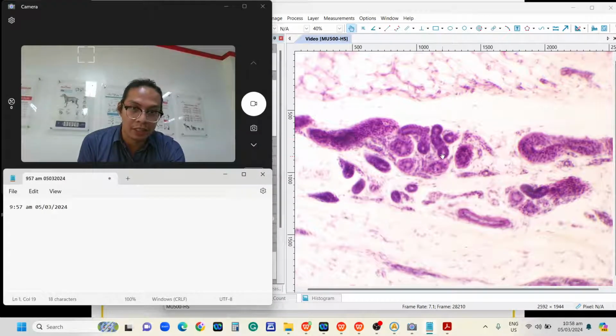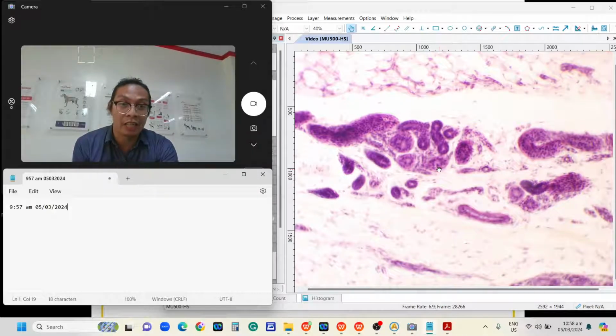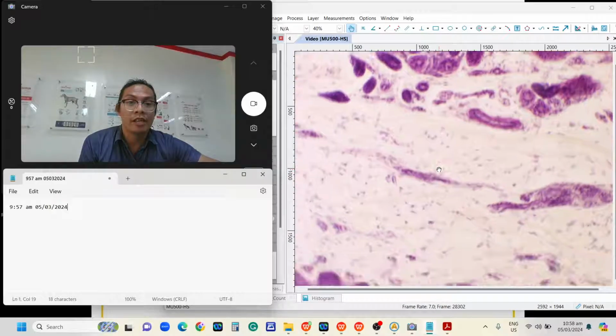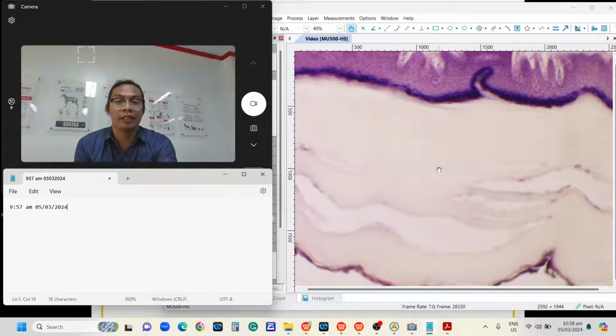As you can see, this is the duct and this is the secretory units of the sweat glands. Okay? Again, matatagpuan siya beneath the skin itself. So that is the skin. Okay? Ito yung free space. Okay? So this is the stratum corneum of the skin. Okay? Malinaw.